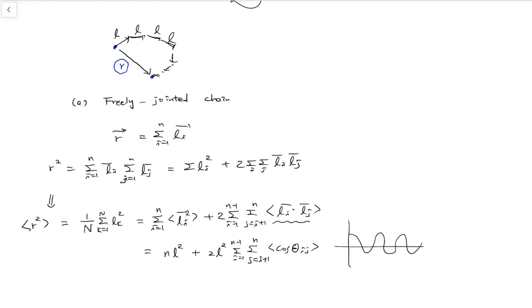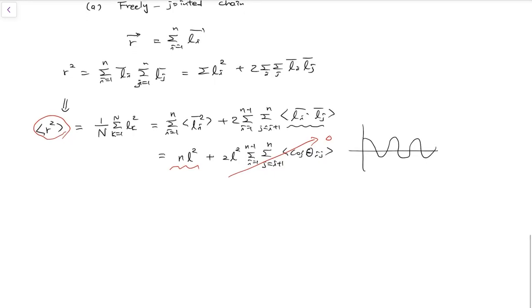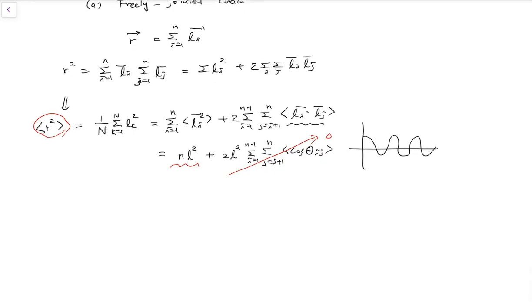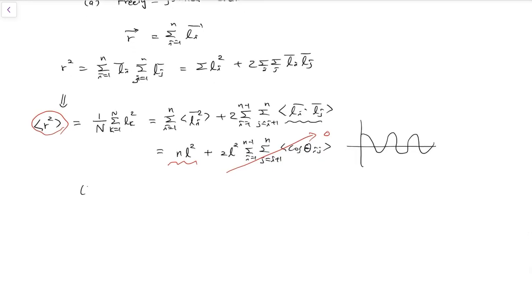So if you take the average, it basically becomes 0, right? So for freely jointed chains, the average end-to-end distance R square is simply N L square. Okay, simple. So details will be covered in class, okay? The detailed derivation. Let's see the result.